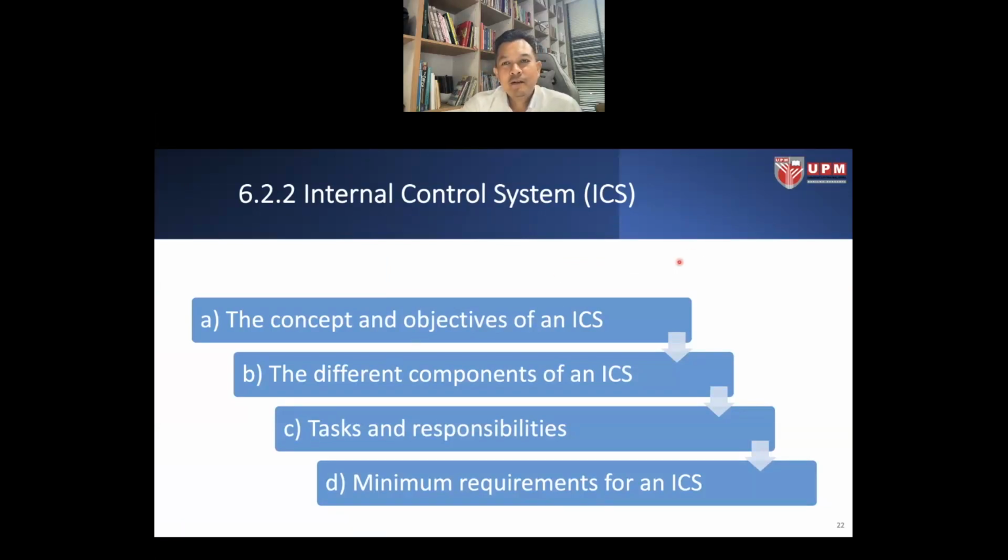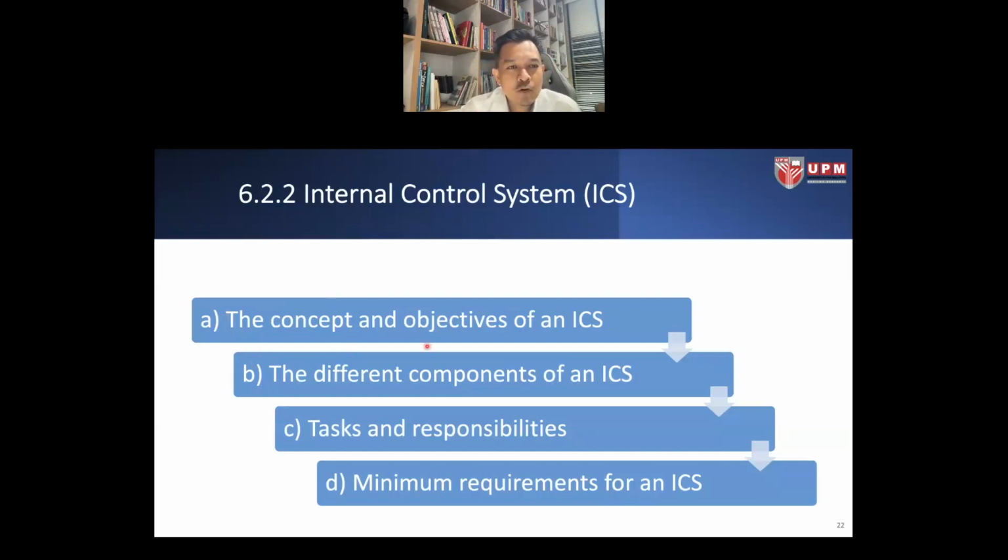Okay, so the final part for tonight's presentation is the internal control system, what we call the ICS. In order for a company to implement risk management, they should also have an internal control system. So I have divided the subtopic into 4 segments.